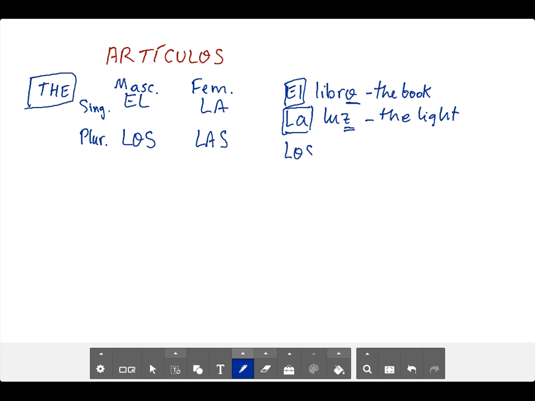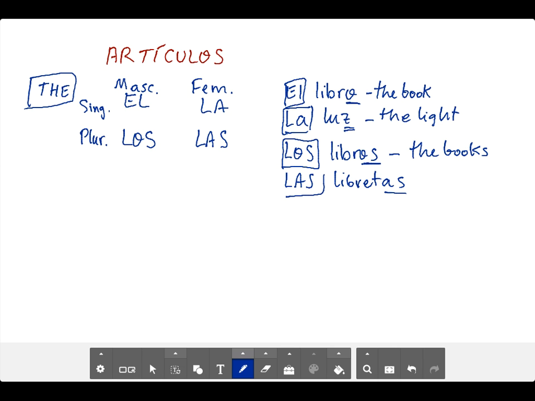Los is the article for plural masculine nouns. So we will have los libros. I'll explain in a minute how to make the plural of nouns in Spanish. So los libros, the books. And then we would also have las libretas. Libreta, singular, las libretas, the notebooks.